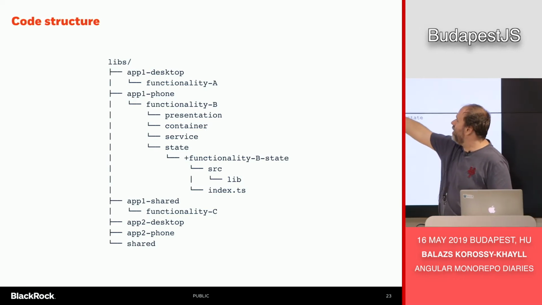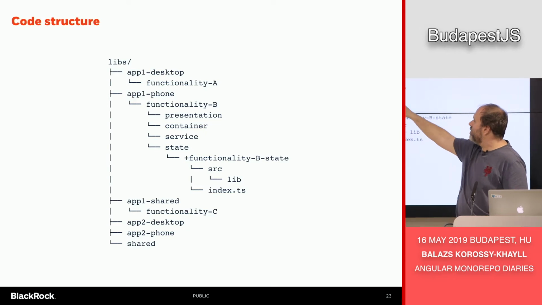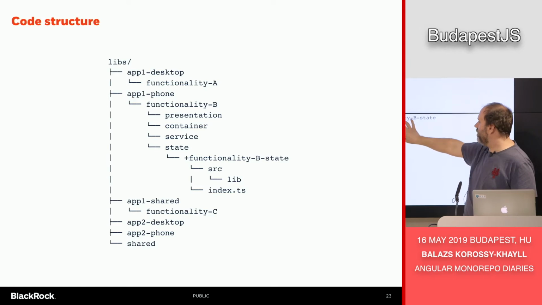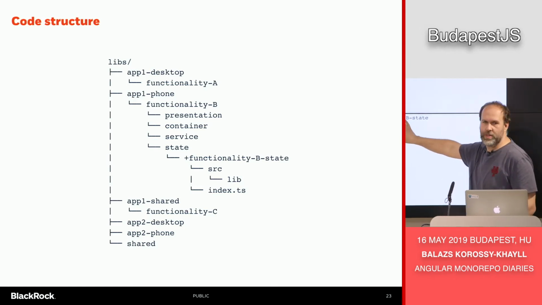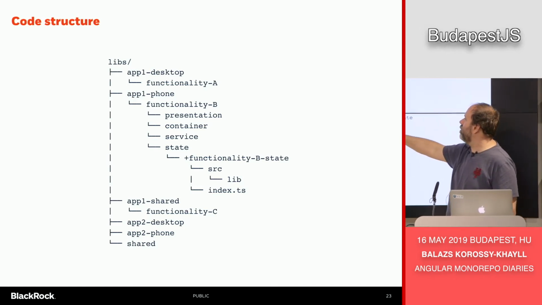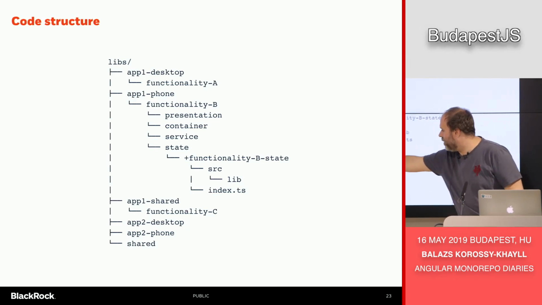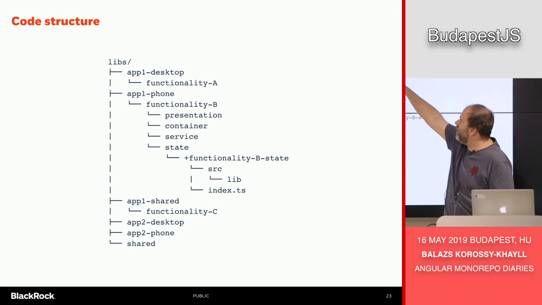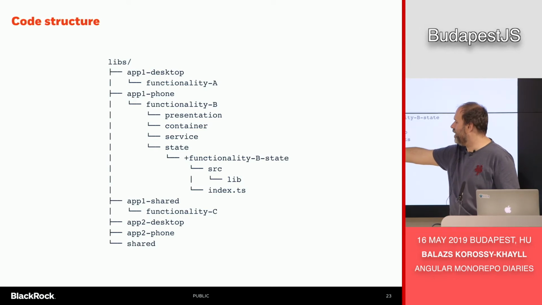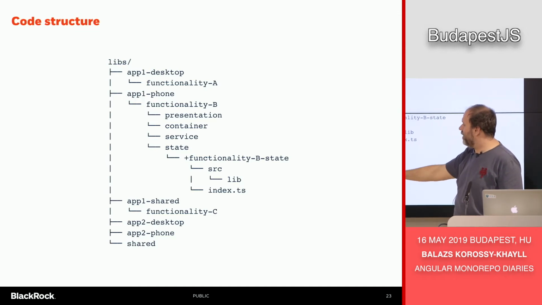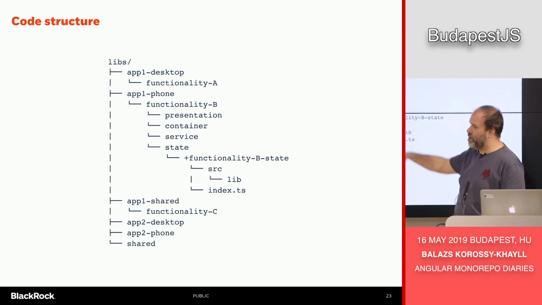As you can see, we have nested directories, and we're trying to push down the actual libraries to the lowest possible level. So we have application 1, and then we can have application 2, and application 1 and the desktop and phone version are using their shared components from here, and then application 2 deals with that differently, and then there's a shared directory that is there for every application.